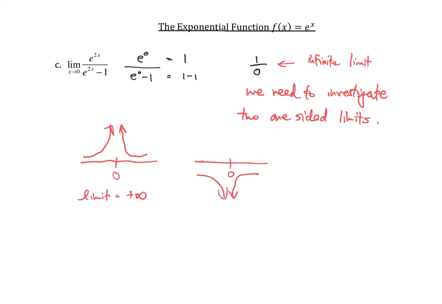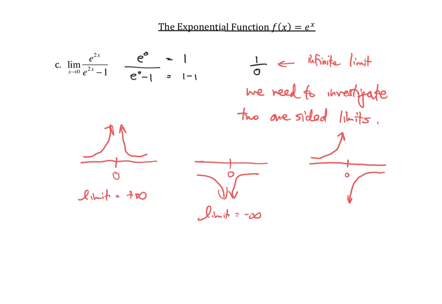If you came from either side, then this limit would be equal to negative infinity. But another scenario is if it looks like this. So let's say this side blows up and this side blows up, but in the opposite direction. So from the left, we get positive infinity, and from the right, we get negative infinity.